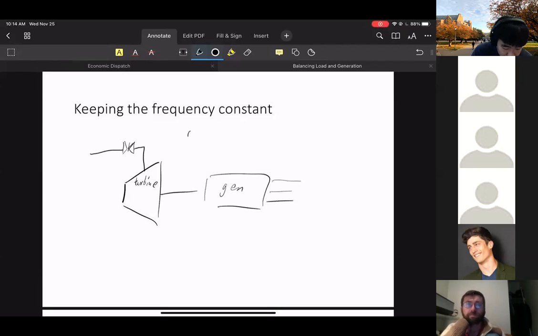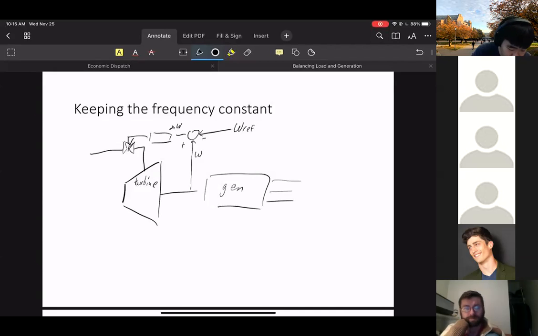So what we do is we look at the actual frequency being measured, and we subtract it from the reference, for example 2 pi 60. This produces a delta in the frequency, and this goes into a control block. You can think of the changes as the valve opening and closing into the turbine.